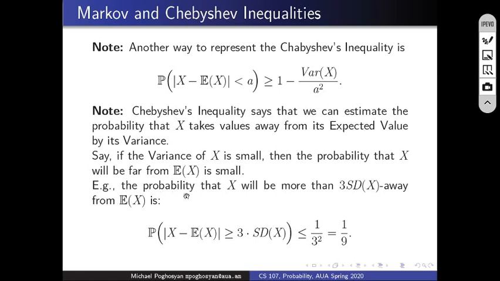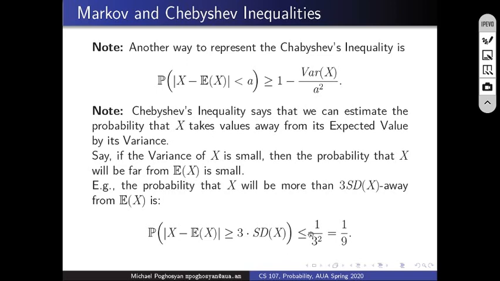For example, the probability that x will be more than 3 standard deviations away from the expected value is, well, this is the deviation. X is 3 standard deviations away from the expected value. I'm writing it in mathematical form. And I'm calculating the probability that x will be far from this, more than 3 standard deviations.